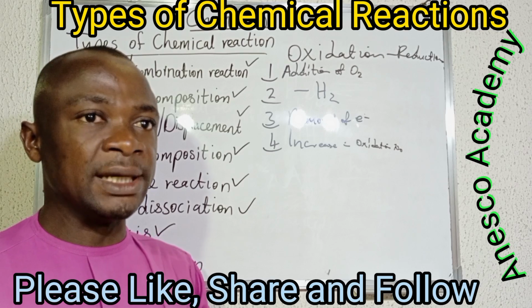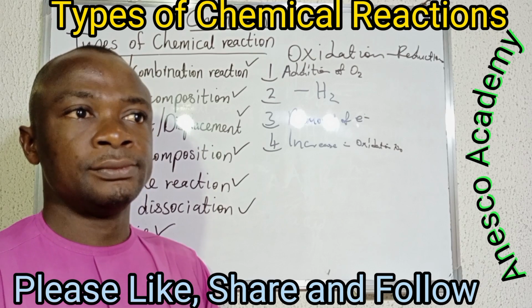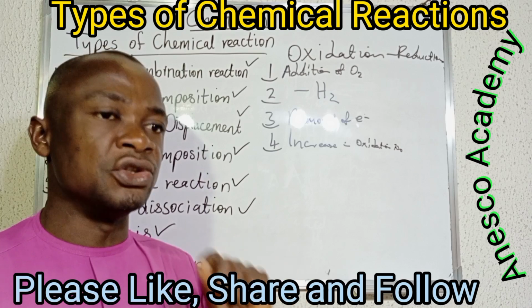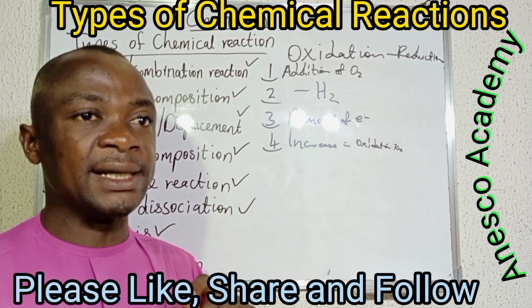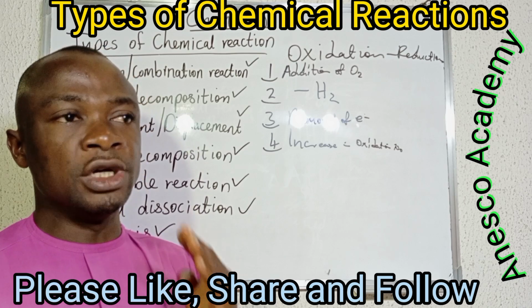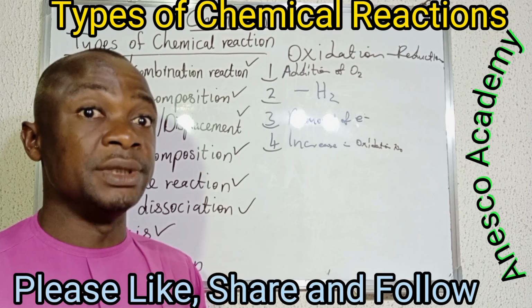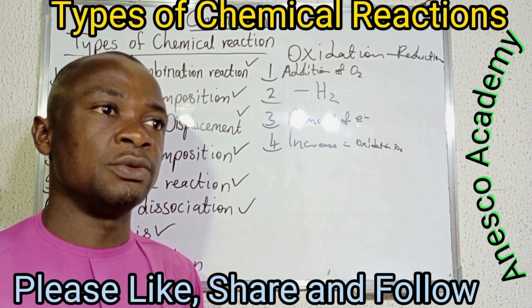Any compound that loses oxygen is reduced. Any compound that loses hydrogen is oxidized. But an element or a compound that gains hydrogen is reduced. Non-metals are usually what? Reduced, because they will gain electron, while metals are usually what?